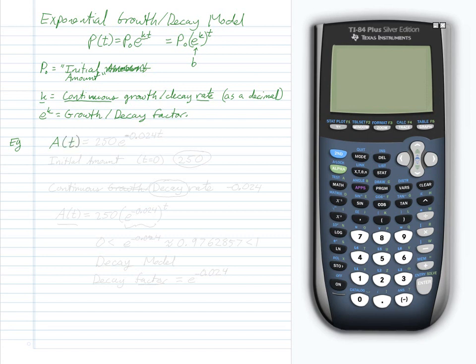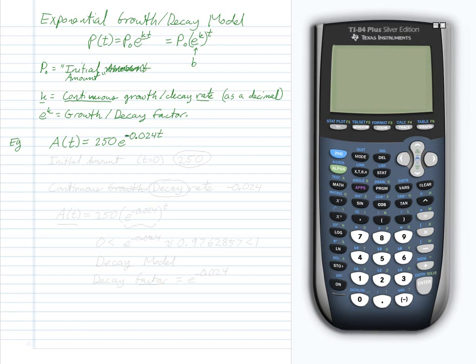So the amount of money after time t, where time can be measured in any quantity we want, days, weeks, months, years, is 250 e to the negative 0.024 t.